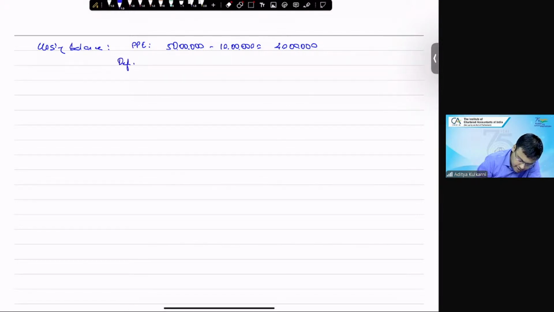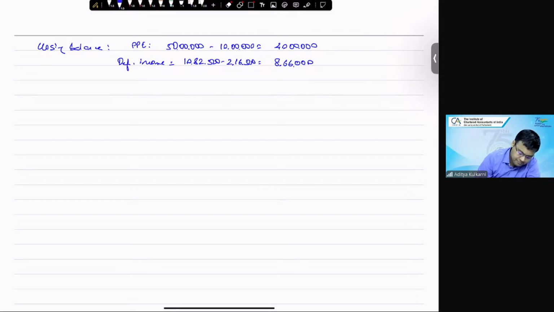Deferred income: 10,82,500 minus 2,16,500, that is 8,66,000.